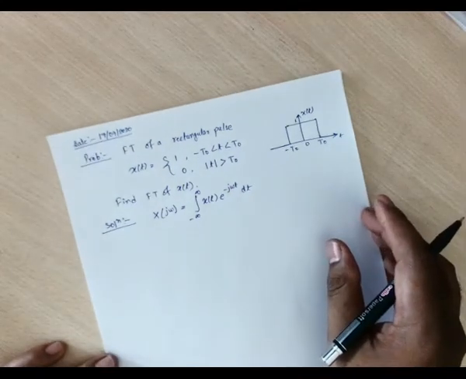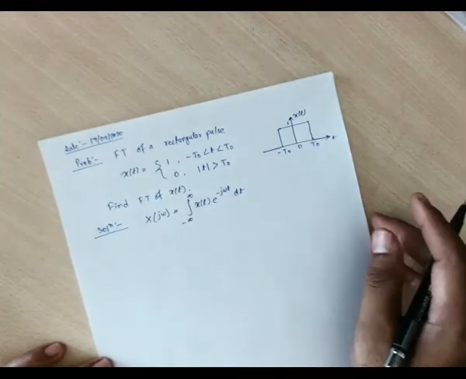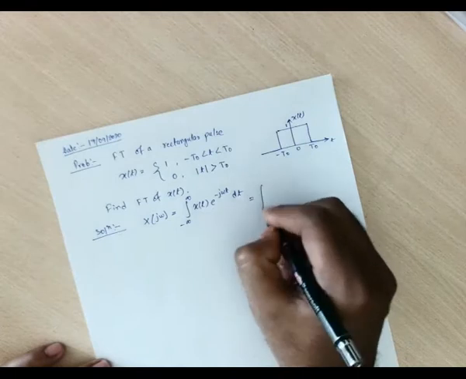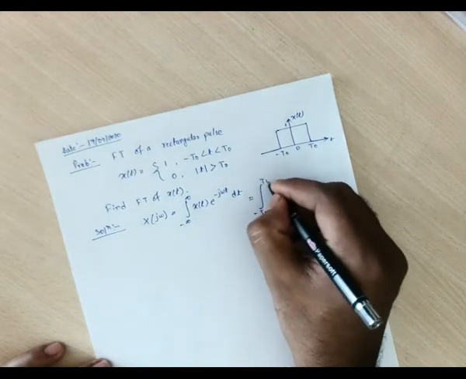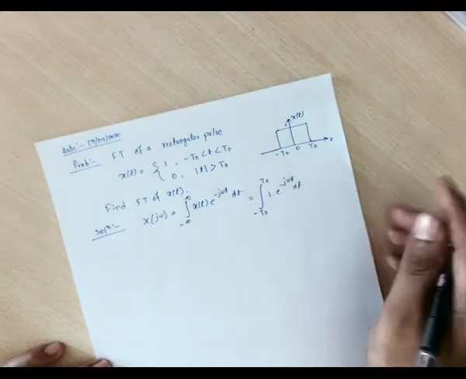On this, x of t is 1 within the range minus t naught to t naught, so it is the integral from minus t naught to t naught of 1 into e to the power minus j omega t dt, right?